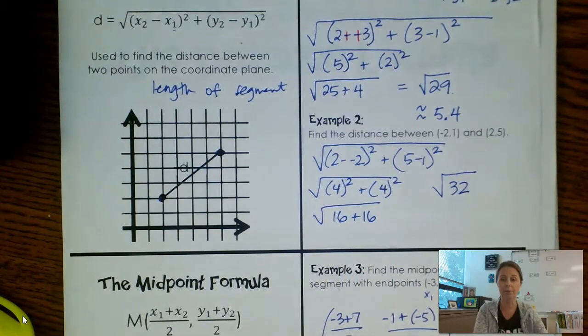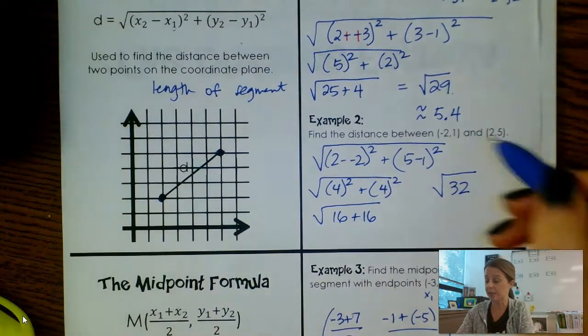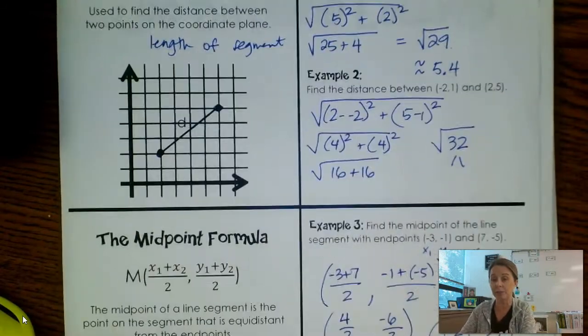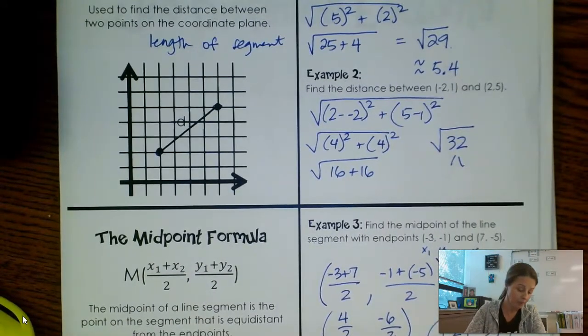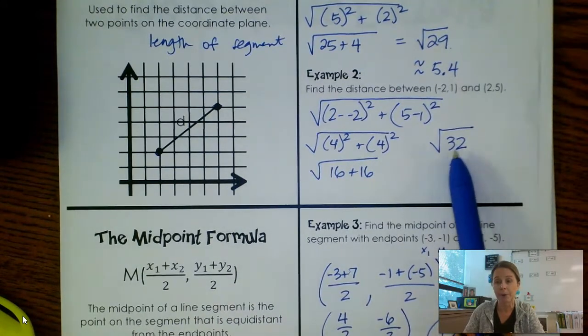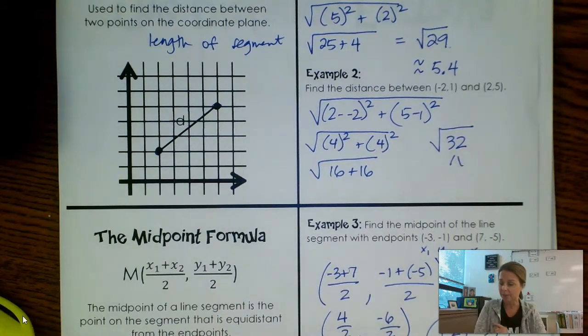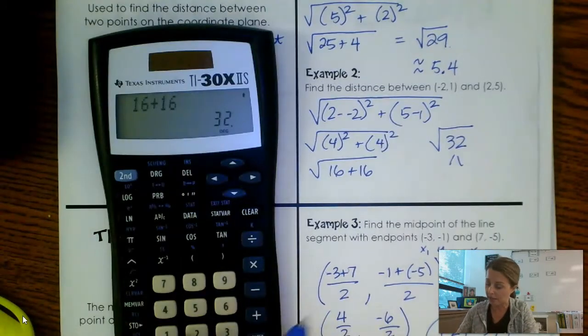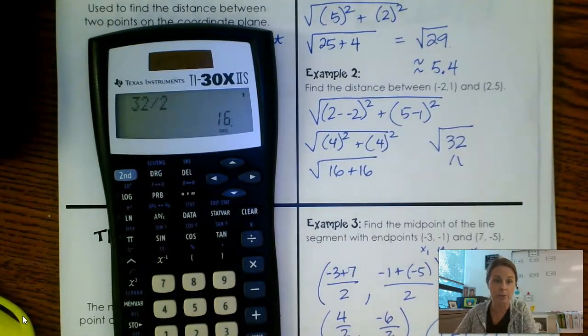Okay, so we got square root of 32. So let's go ahead and simplify this radical just to get a little bit of practice with that. So 32, I'm looking for a perfect square and a non-perfect square, and I really want the largest perfect square. So if I do 32 divided by 2, that gives me 16.